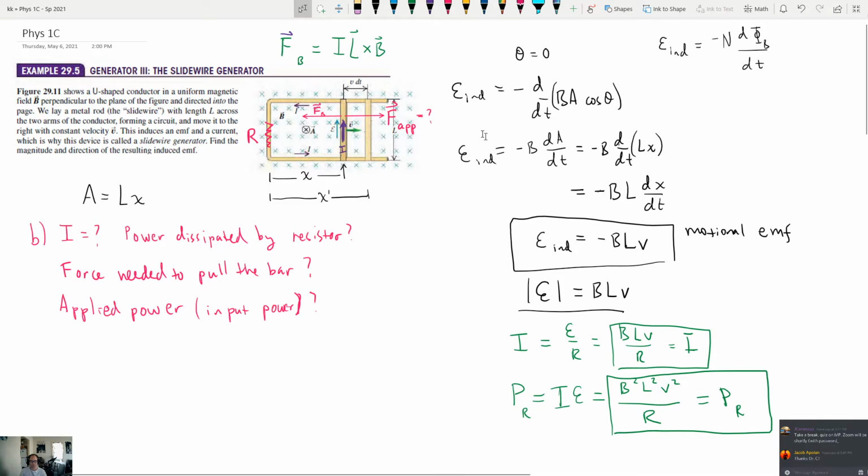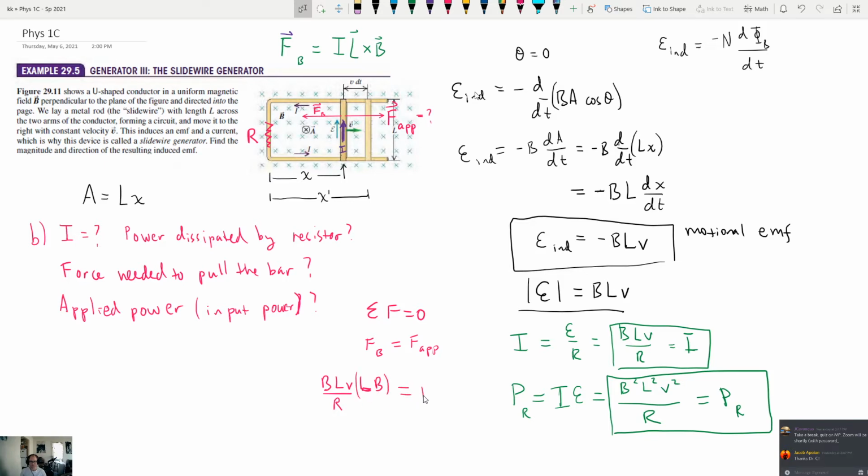Okay, so to calculate this, we just say net force is equal to 0, so FB has to be equal to F applied. FB is ILB, right? So it's I, which is this, divided by R. That's I times L, and then times B again.